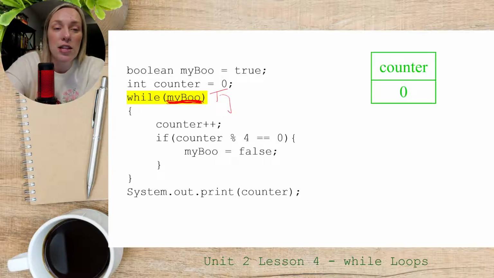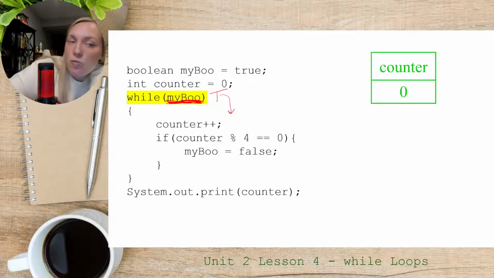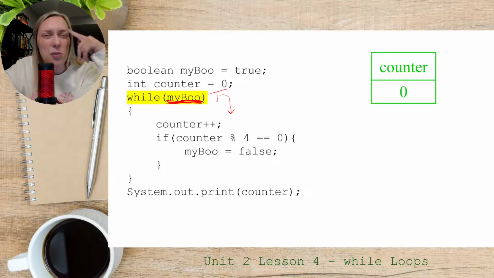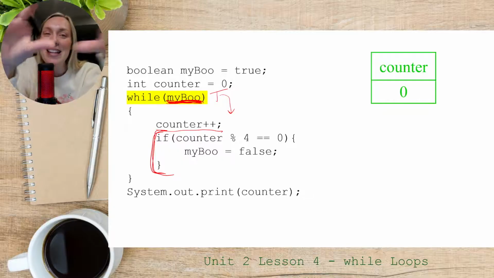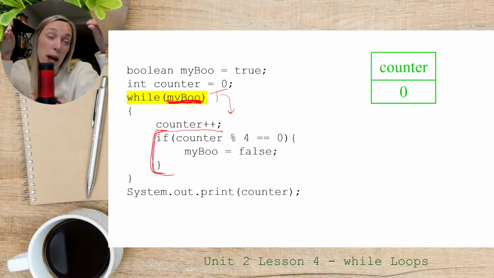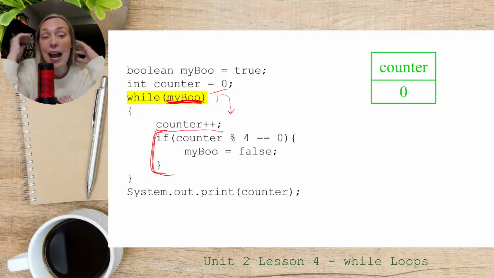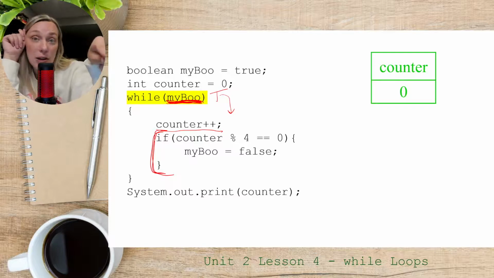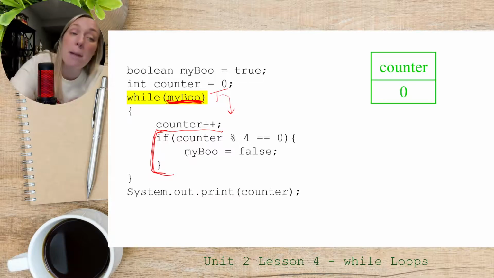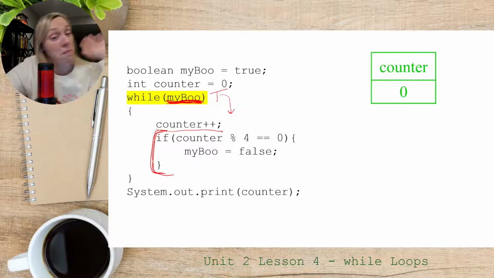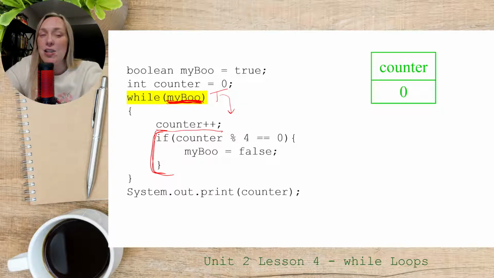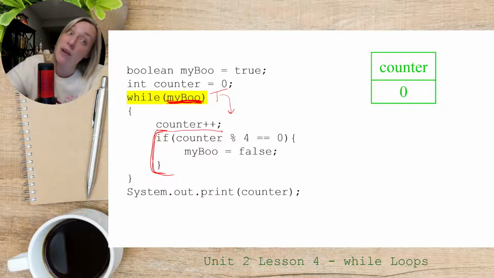So this evaluates to true because myboo is true. And then we enter here. Okay, and what's going to happen in here? Let's start to put some English words to this. Counter increases by 1. And then we have an if statement in here. So we have a nested if inside my while loop. It says if counter mod 4 is equal to 0, that's when myboo becomes false. And when myboo is false, that's when the loop is actually going to end.